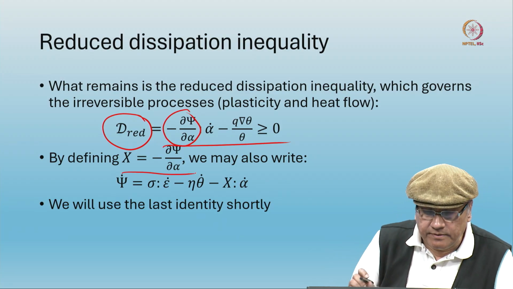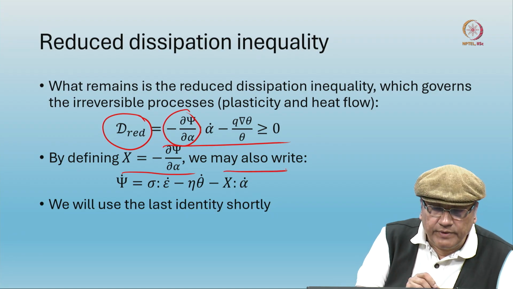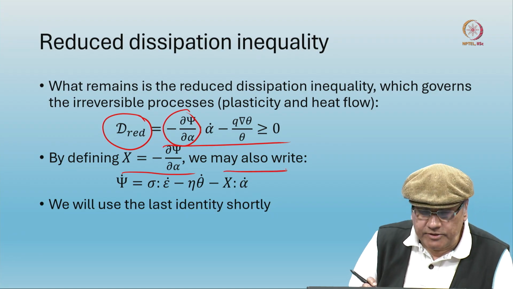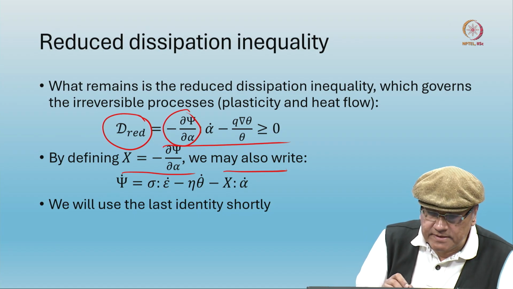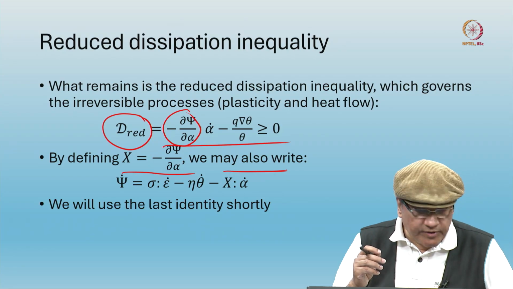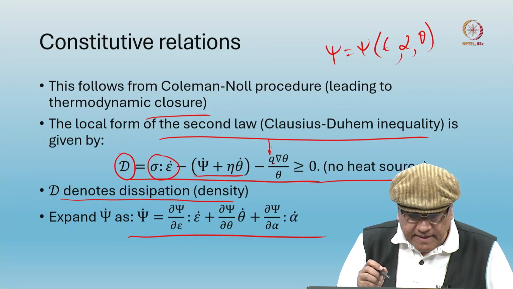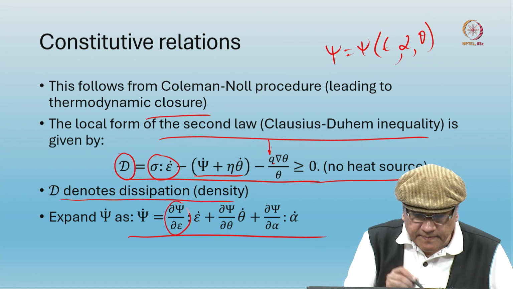Basically, we can write this way, and then we can write this psi dot in terms of sigma epsilon dot. Basically you see that in psi dot, there were three terms. One was del psi by del epsilon, which is sigma here, so sigma epsilon dot.